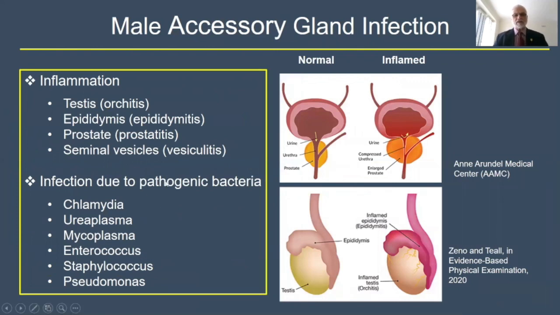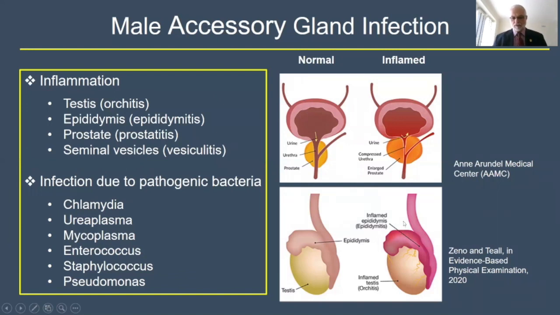Where do these infections take place? That is mainly in the testis as an orchitis, in the epididymis as an epididymitis, in the prostate as a prostatitis, or in the seminal vesicles as vesiculitis. And that goes along with swelling of the relevant organs, and real infection of these organs.